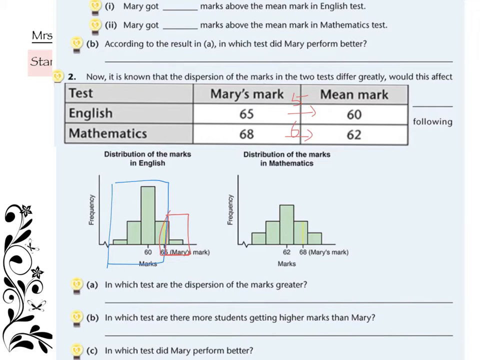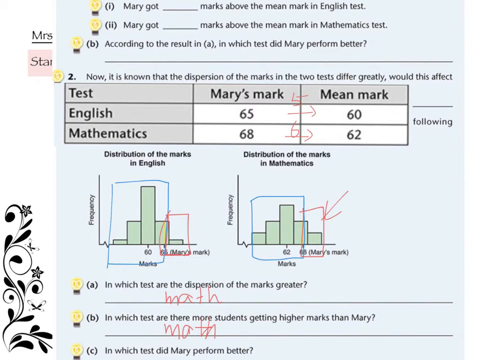Greater dispersion: you can see that quite a number of students also did worse than Mary, but the frequency of marks higher than Mary is greater. So in math, the dispersion of the class is greater, and more people got better results than Mary.